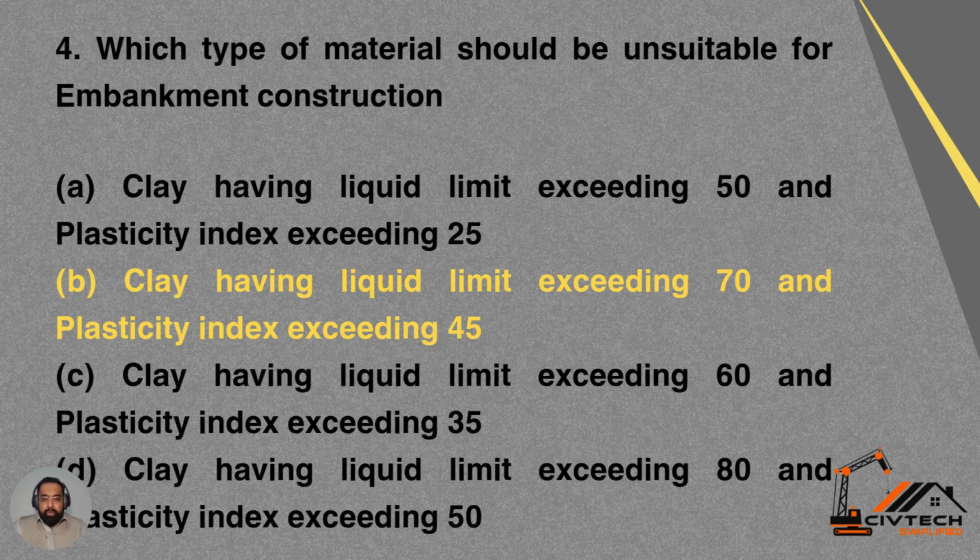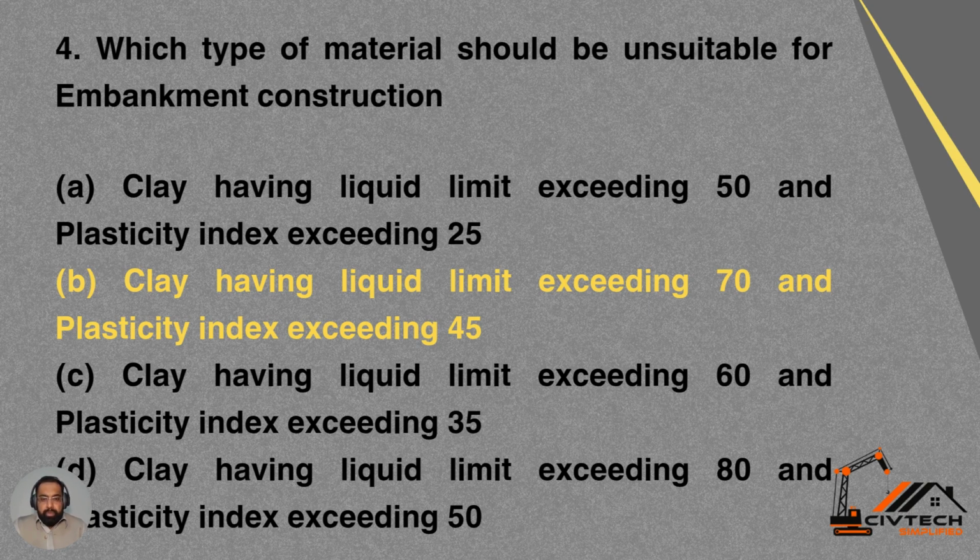Option B, clay having liquid limit exceeding 70 and plasticity index exceeding 45. Option C, clay having liquid limit exceeding 60 and plasticity index exceeding 35. And last option is clay having liquid limit exceeding 80 and plasticity index exceeding 50.